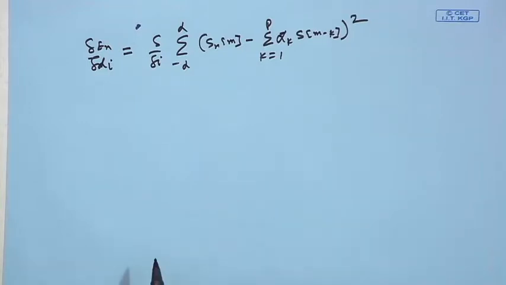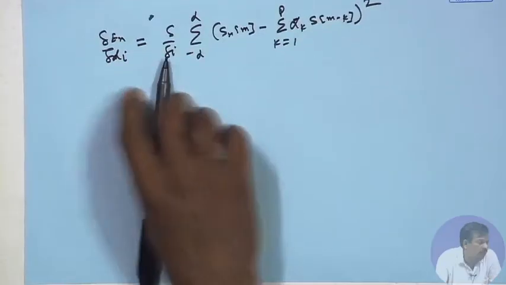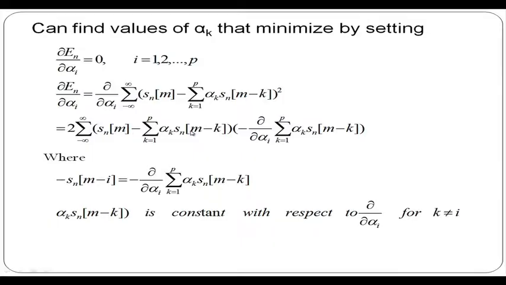I just put the value of E n. If I take the derivative, I am not deriving it on paper, if you see the slides, it is of the form a minus b whole square, so I get 2 into the whole function again, minus d by d alpha i of the sum over k equal to 1 to p of alpha k s n m minus k.